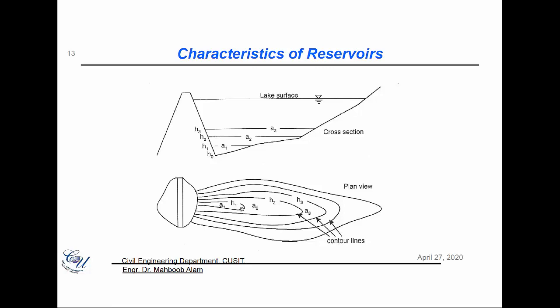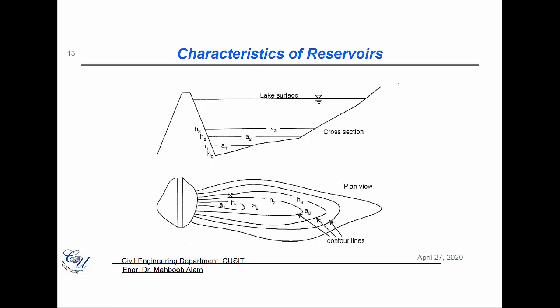The main thing when we are planning our reservoirs in a mountainous region is that we are trying to make a reservoir which is more in depth and less in terms of its surface area, so that we can minimize the evaporation losses. You see, for example, let's say this is a reservoir, and this is a plan view.